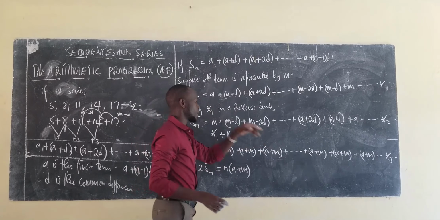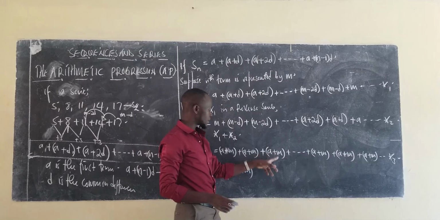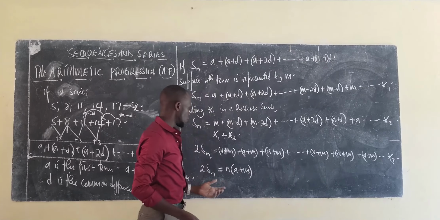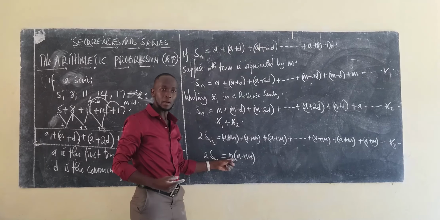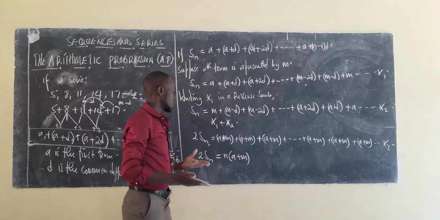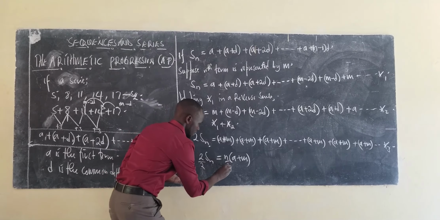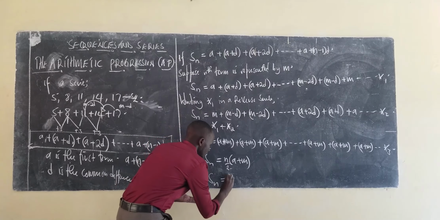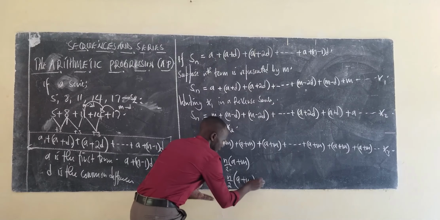We take one of them because they are similar. So this is the same as this, the same as this, the same as the many here, and the same as those ones. So we take one of them since they are similar, and we multiply by their number. So we divide by 2. So Sn shall practically be n over 2 into a plus m.